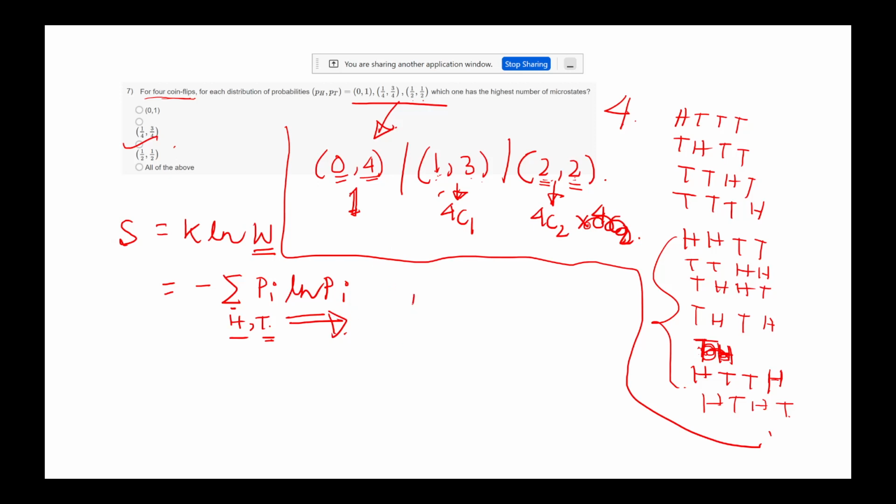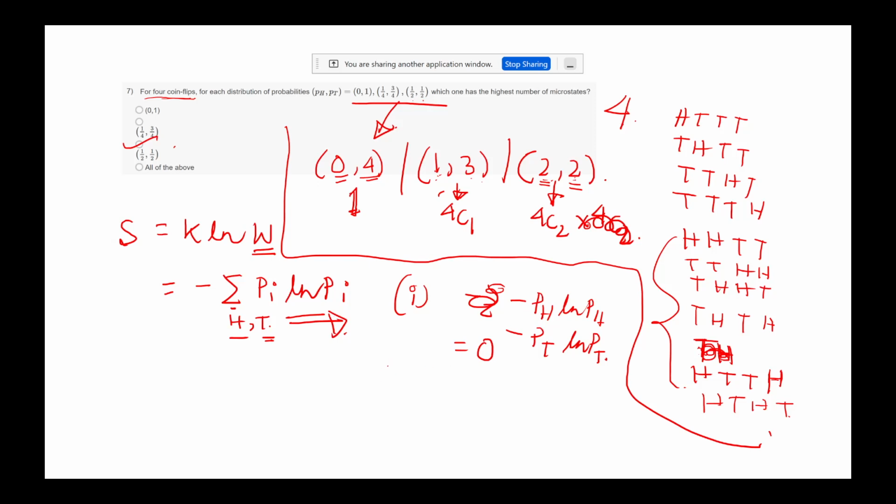So for the first possibility, Pi is 0, meaning pH is 0, so that will be minus pH ln pH minus p tail ln p tail. This is the formula, because the summation is over the number of outcomes, head and tail, two outcomes.